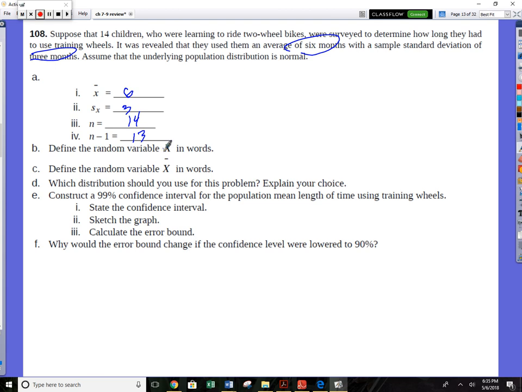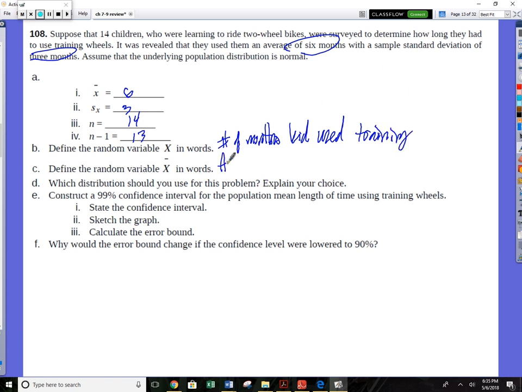Okay, again, what is the difference between random variable x and x bar? So x is the number of months a kid used training wheels.